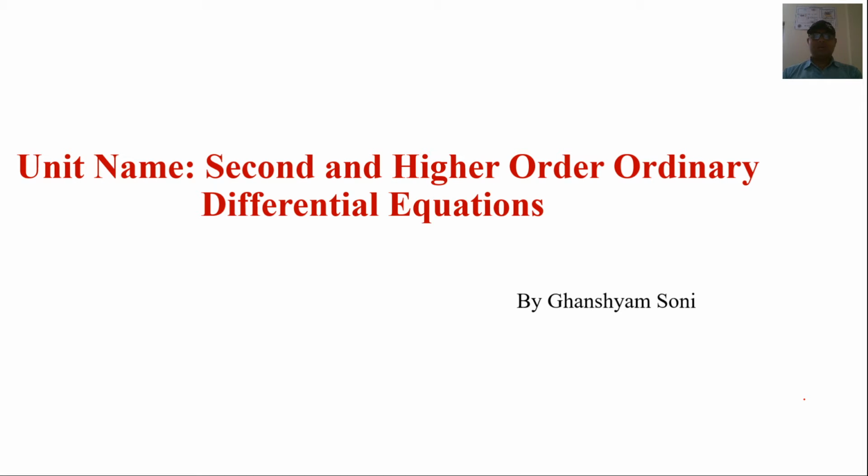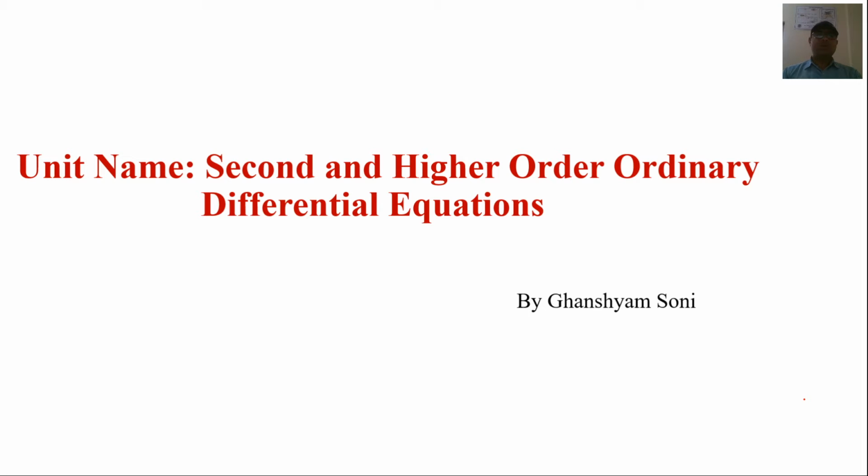Hello everyone. In our previous video session, we started a solution method for higher order linear homogeneous differential equations with constant coefficients. In that lecture, we discussed three different cases for the solution of higher order linear homogeneous differential equations based on the nature of the roots of auxiliary equations.